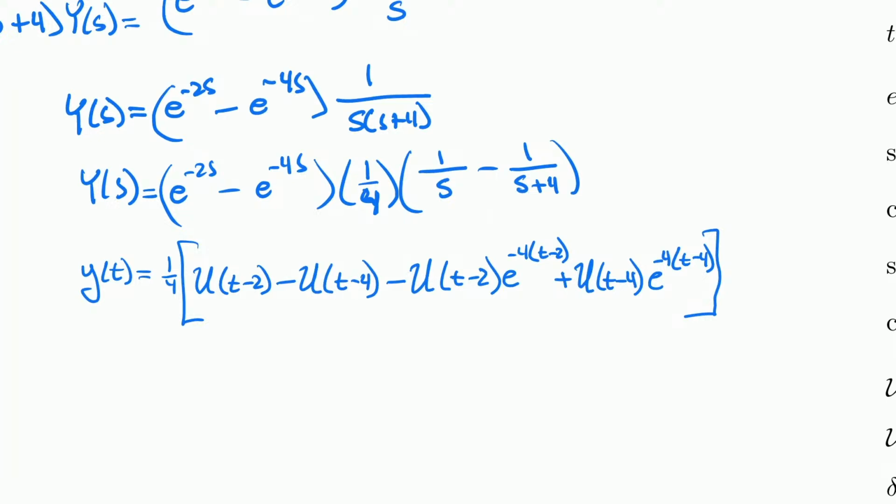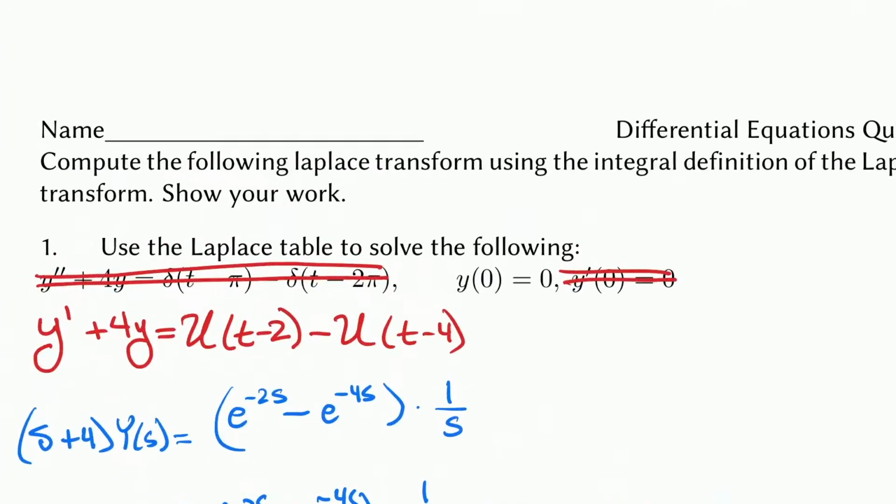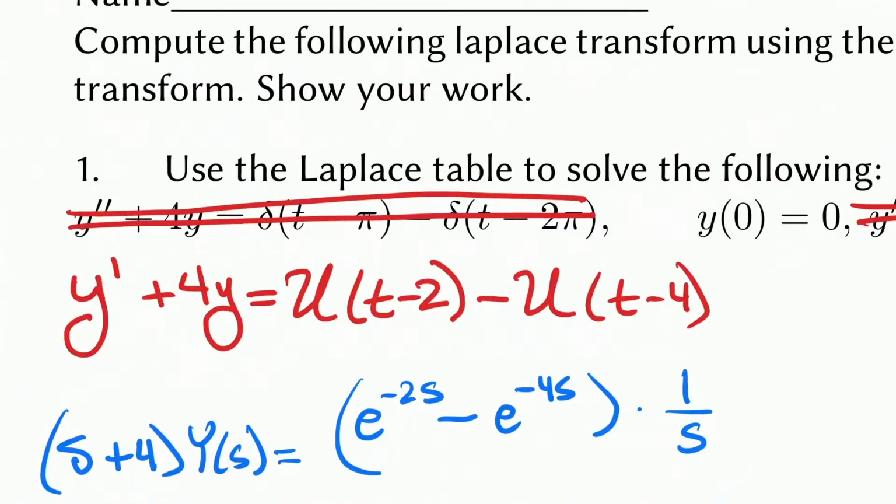Okay, so let's see what I did. Hopefully I got it right. Here it is. So here's the crucial starting point. I skipped a step here, but you have S times the Laplace transform of Y minus the initial condition, but the initial condition was 0, plus 4 times the Laplace transform of Y. And I just factored out the S plus 4.